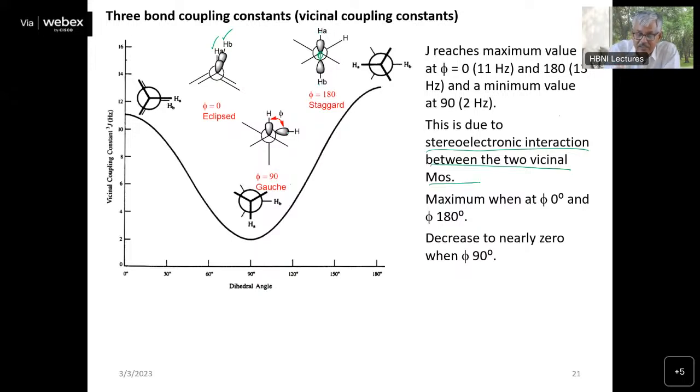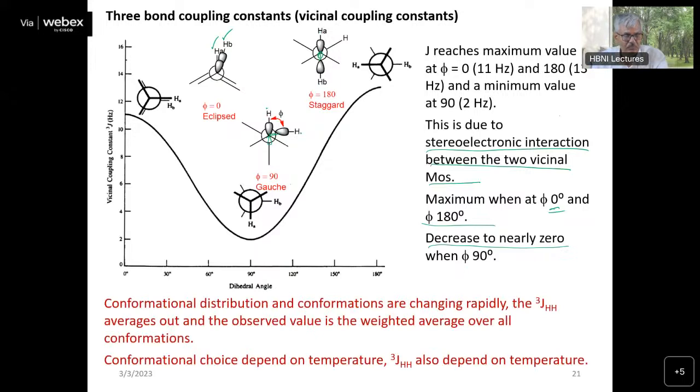But when they are in the gauche conformation, the interaction of the back lobe as well as the main lobe is very minimal. So the interaction between the nuclei is minimum. That's why at 90 degrees this is nearly zero, or around 2 hertz, whereas you get a maximum when phi is 0 degrees and 180 degrees.